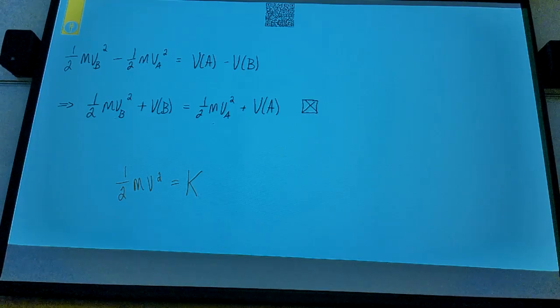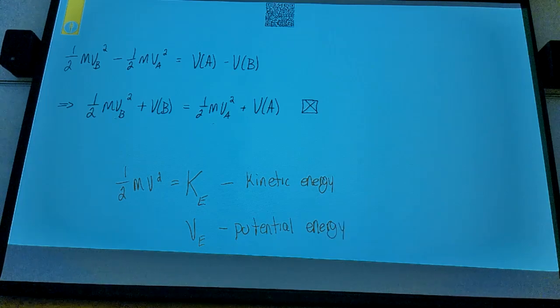I'm going to represent it as K sub E. V is potential energy. That means this here would be what?